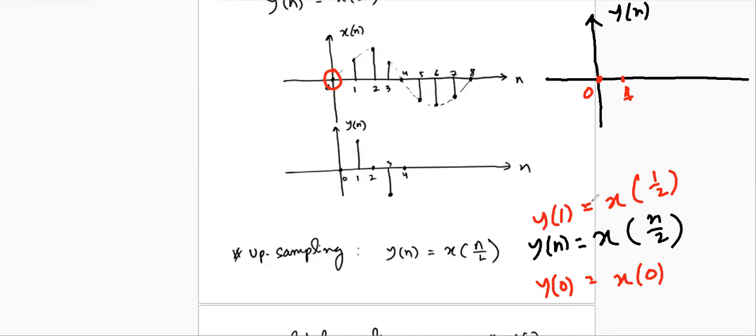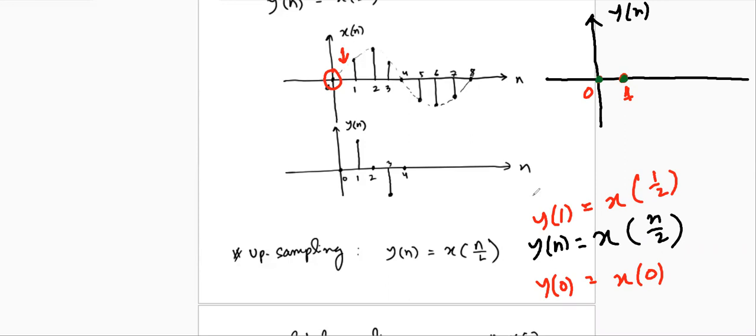What is the value at the location of x half? It is 0. Basically it is undefined, so we replace it with 0. That means there is no data, we do not know what is there, so we take it as a 0. So the 0th sample is 0, and the first sample is also 0.